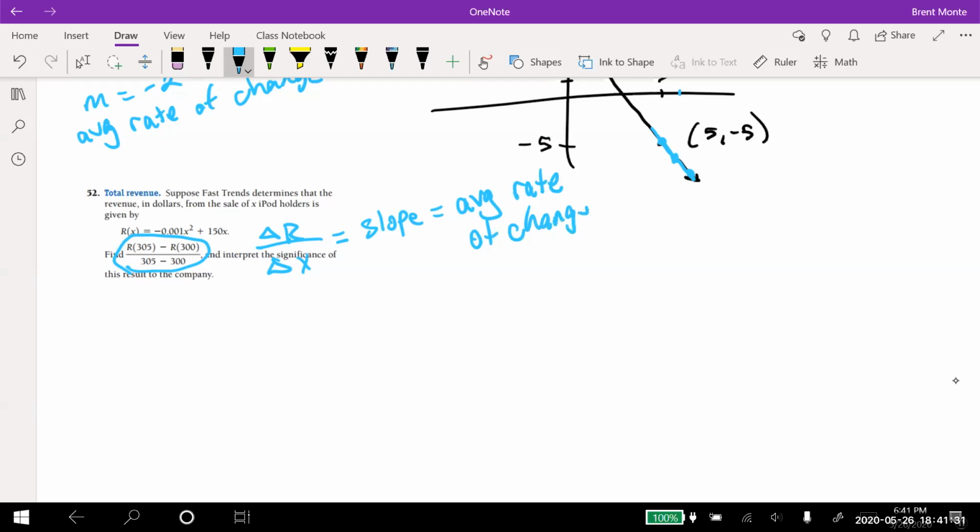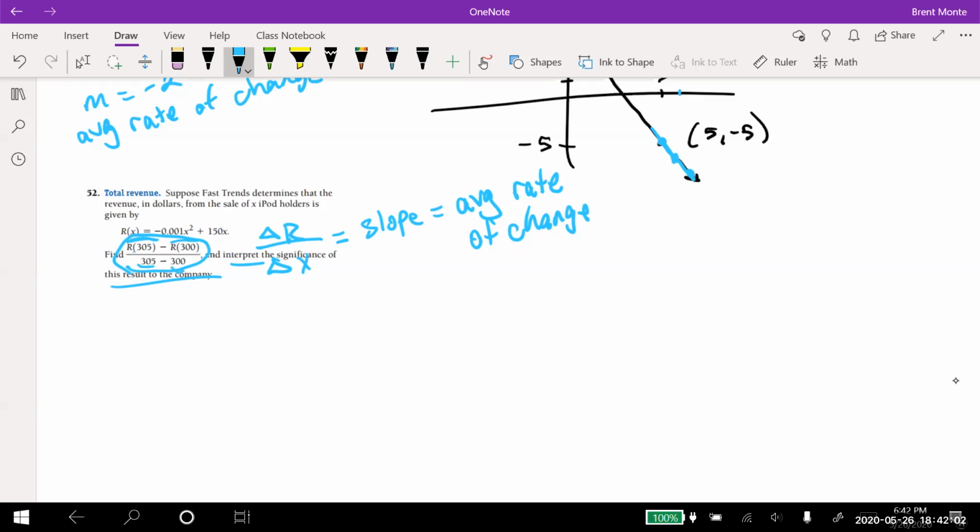It says interpret the significance of the result to the company. So we'll interpret that when we're done, but that's all this is. It's a slope. It doesn't look exactly like the slope, but it's not far from it. If we look up here, this part is my f of x plus h, or f of x2 minus f of x1, and there's x2 minus x1.